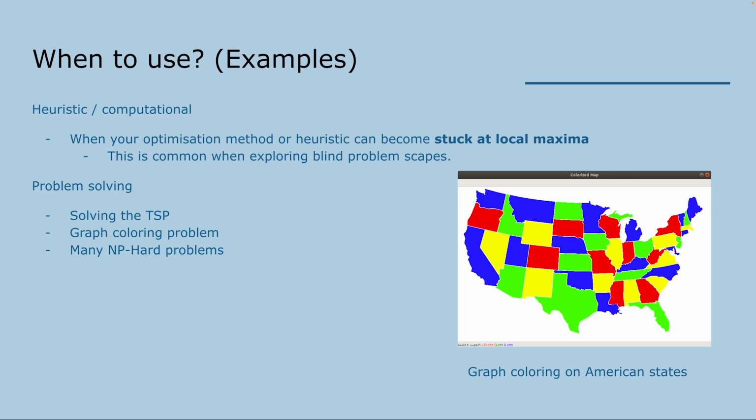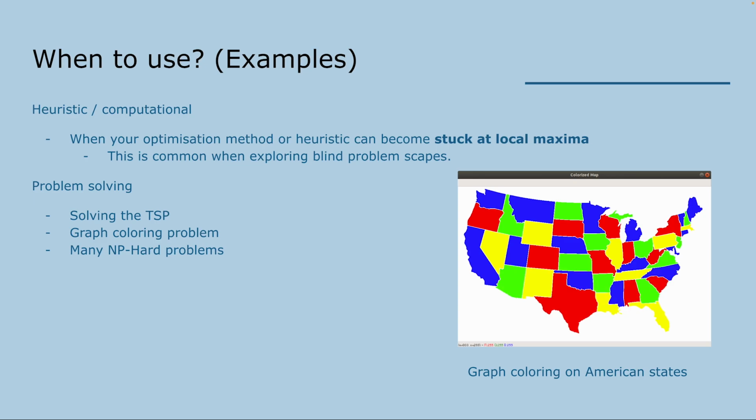So simulated annealing in a heuristic and computation scenario is when you've got an optimization technique or method that can get stuck at local maxima. The whole point of simulated annealing is really to avoid local maxima in conjunction with another heuristic method. And as we saw in the hill climbing method, it is quite common to get stuck at local maxima.